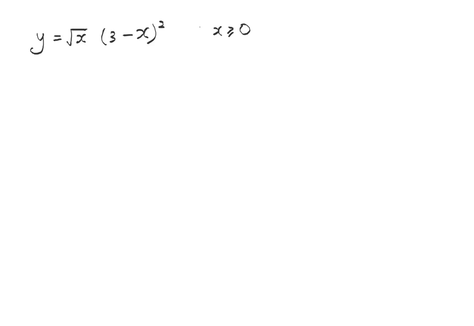A sign diagram, I told you already, is a straight line that represents the x-axis, correct? So the domain is x greater than 0, right? So you put a full line. I'm going to draw the sign diagram for the y function.